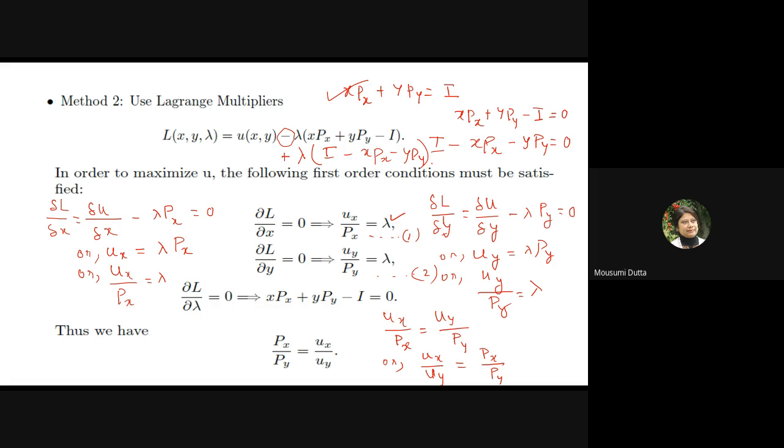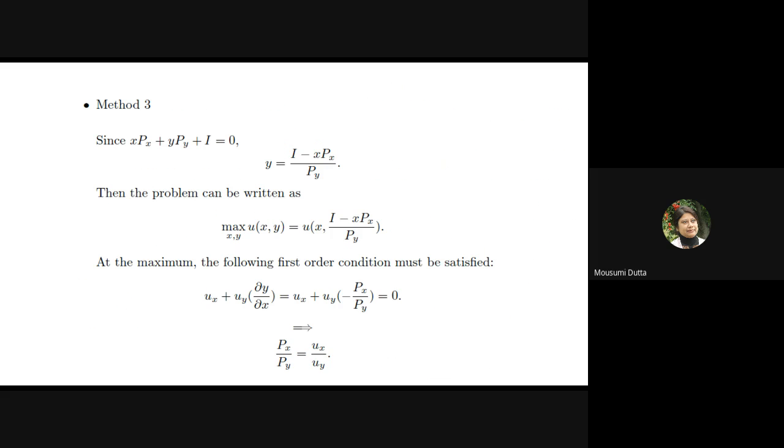At this moment, I just want to show you there are different methods, and all the methods will give us the same result. Ux by Uy is equal to Px by Py. This is consumer's equilibrium.